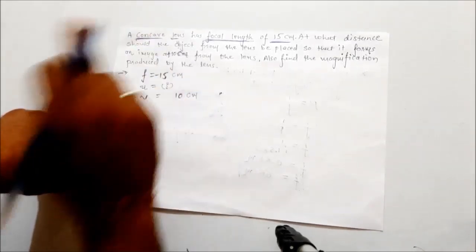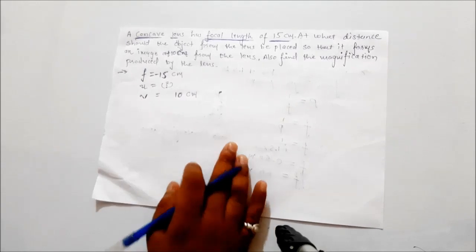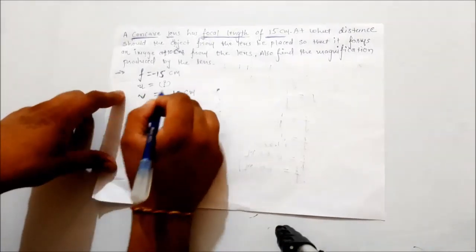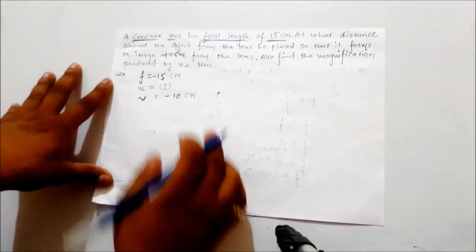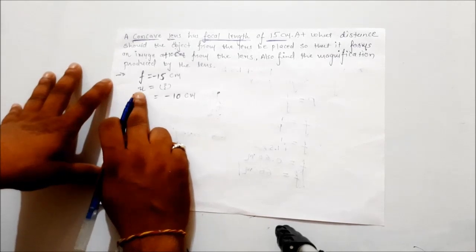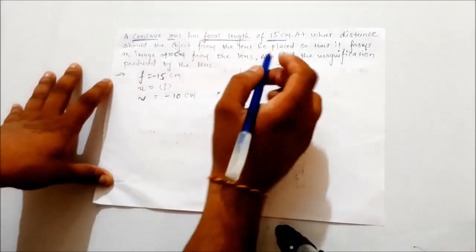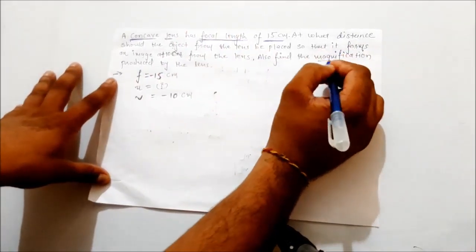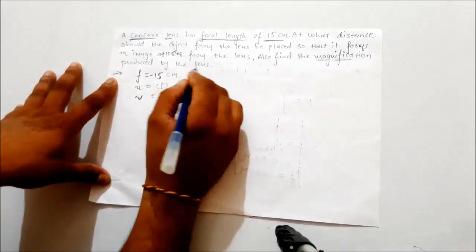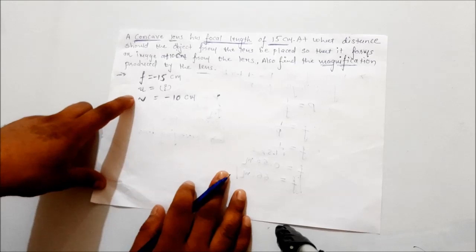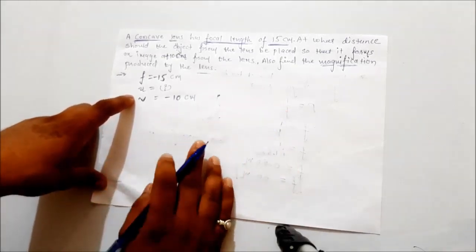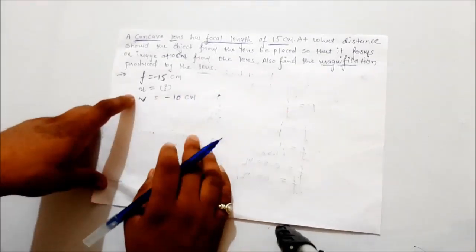But as we know, in all cases of a concave lens, the image will be formed on the left side, so this image distance will also be negative. Okay, so with this data we have to find u, at what distance it must be placed. Also we have to find the magnification produced by the lens. It's very easy. If we can find u, then it will be very easy to find the magnification.